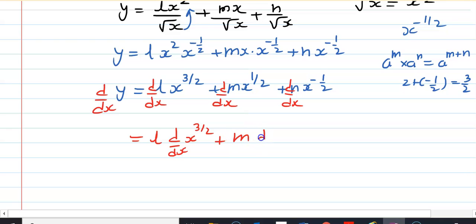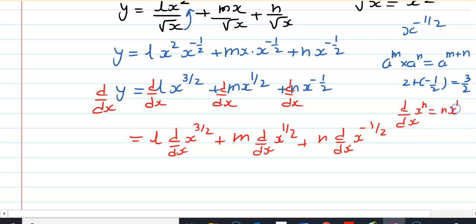Here m is coming forward, so it is d over dx of x to the power half, and here n is coming forward and it is d over dx of x to the power minus half here. Using the same rule, d over dx of x to the power n is nx^(n-1). So if we apply here, this 3 by 2 is coming forward and it will be 3 by 2 minus 1. So let's write down here.